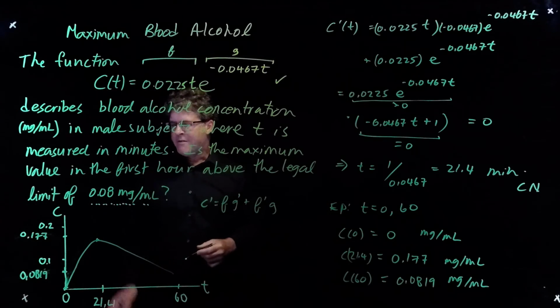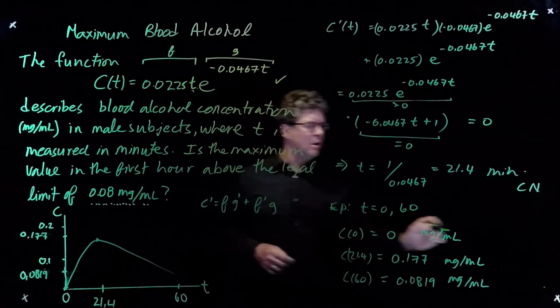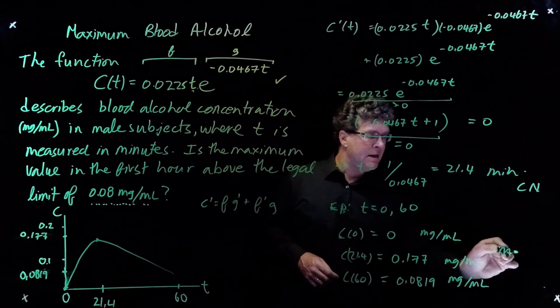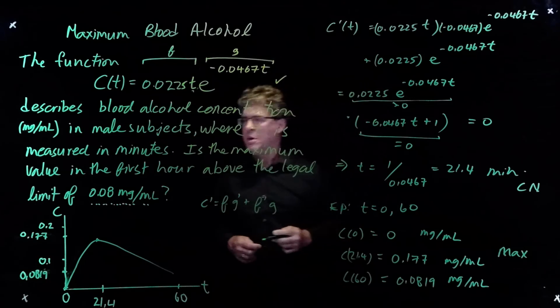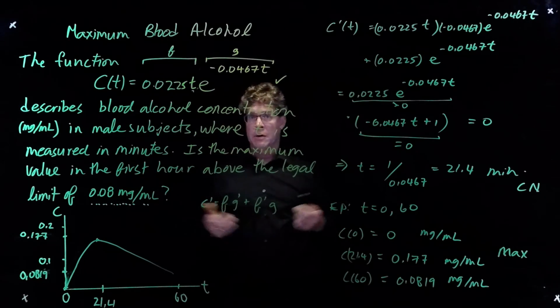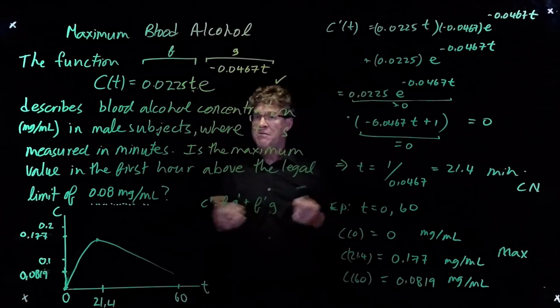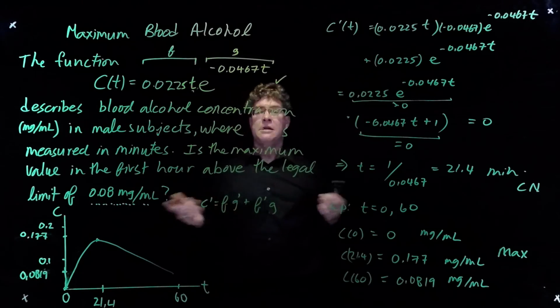And we see we have a maximum at time is equal to 21.4. And indeed, this maximum is above the legal limit of 0.08 milligrams per milliliter. In actual fact, it's still above the legal limit at time equals 60.